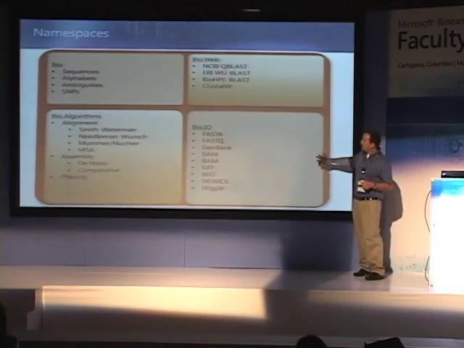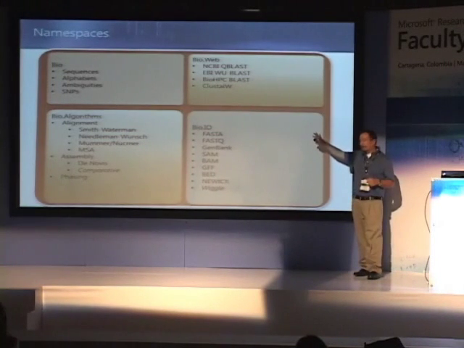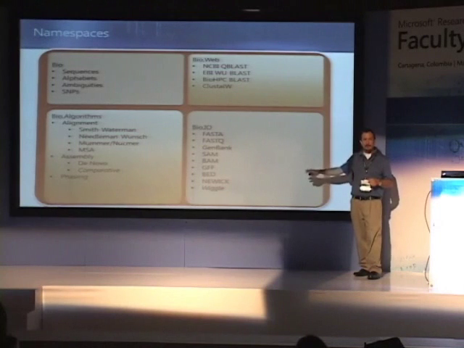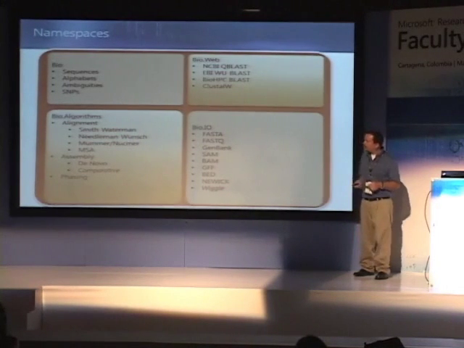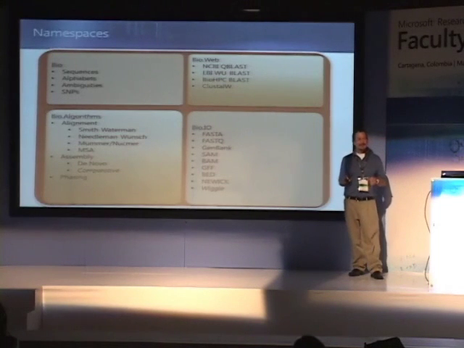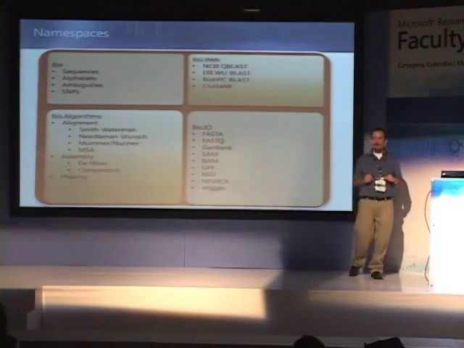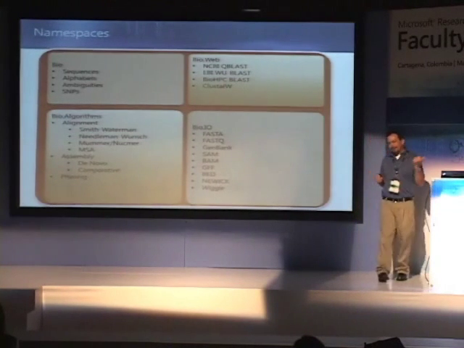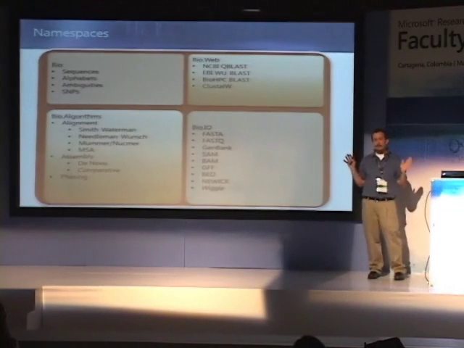The I/O portion: these are a set of file format extensions that are currently supported in the library. If you're familiar with these, they'll make sense. If not, they're basically the most commonly used formats for sequence representation, and there's a whole bunch of different ones.